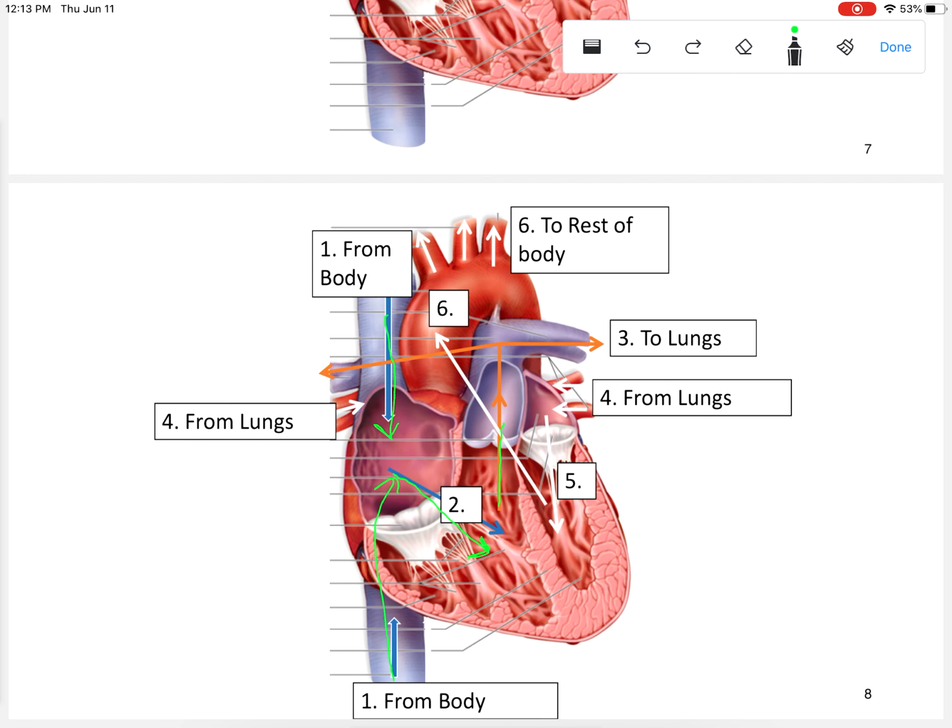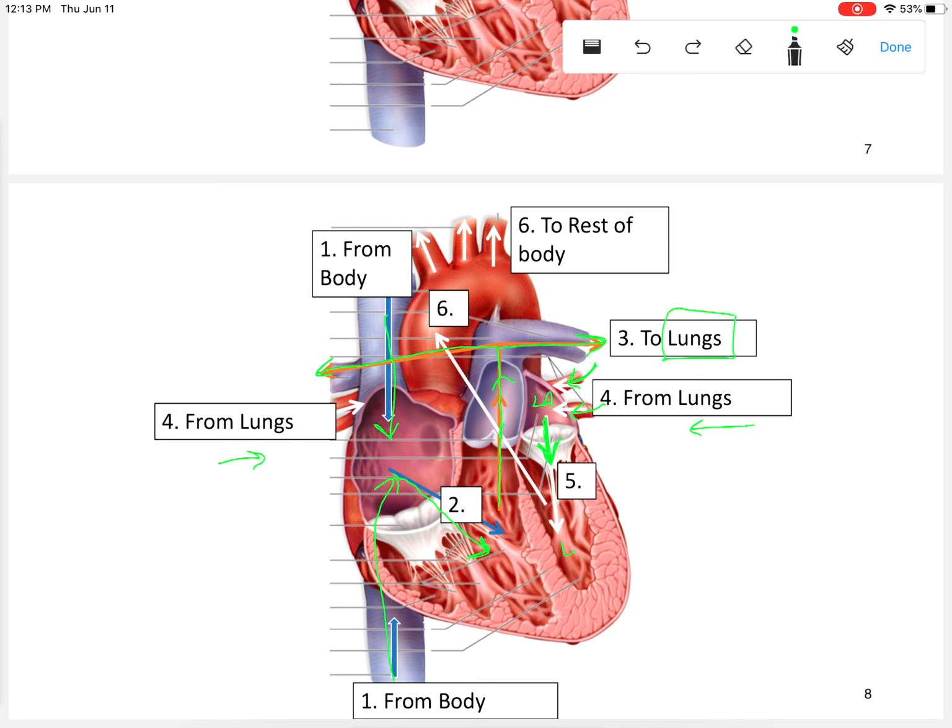When the right ventricular wall contracts, it's going to push blood through the pulmonary semilunar valve into the pulmonary trunk, and then out the left pulmonary artery and right pulmonary artery to the lungs, where the blood picks up oxygen. Now the blood is oxygenated, and it's going to return to the heart via the pulmonary veins into the left atrium.